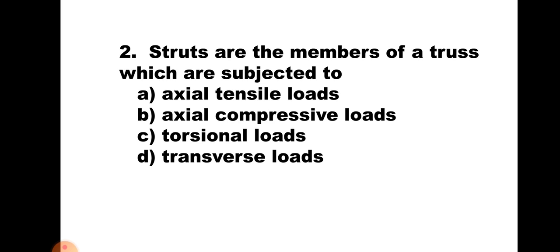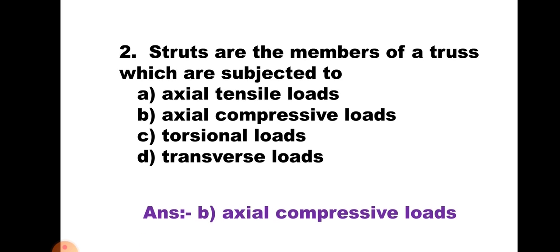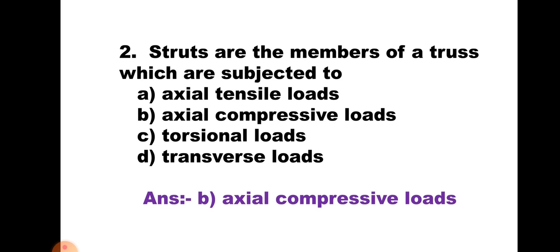Now the members in a frame or a truss which are inclined, generally they are known as strut because they are subjected to axial compressive loads. Some of the compression members in a truss can be vertical also. It is not necessary that it must be inclined. Hence the correct answer of this is B, axial compressive loads.